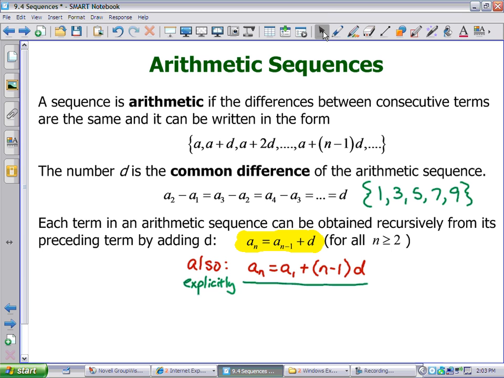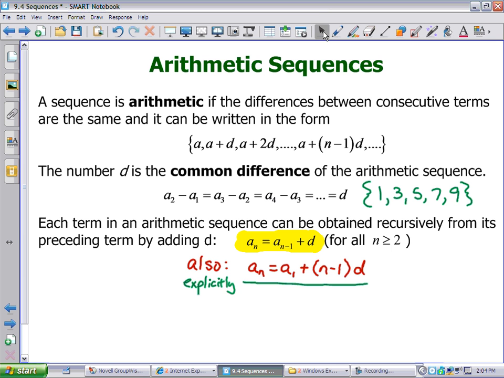So explicitly says a sub n equals a sub 1, your first term in the sequence, plus n minus 1 times D. You take the number that you have for n, subtract 1, and that's how many common differences you're going to add to your first term. So these are the definitions for arithmetic sequences.